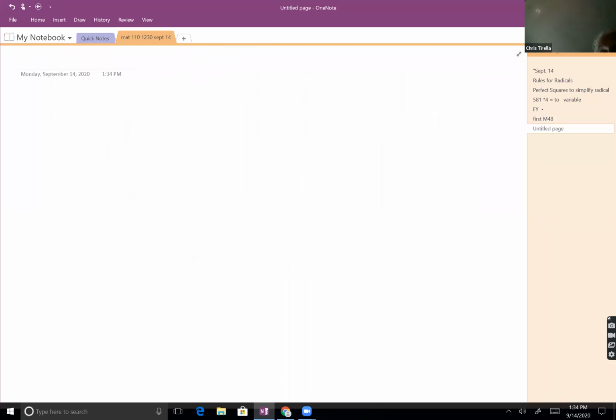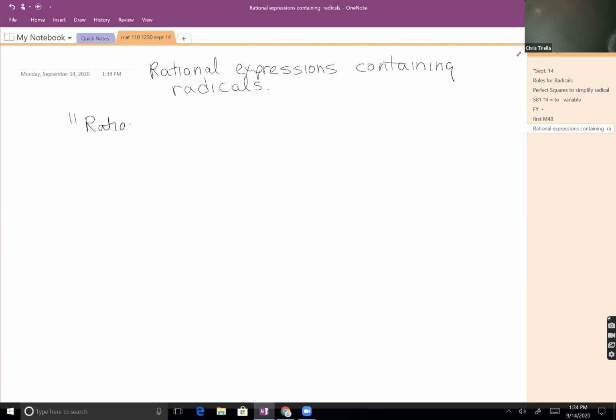Next place that we're going to go is we're going to look at rational expressions containing radicals. And we have to rationalize the denominator.